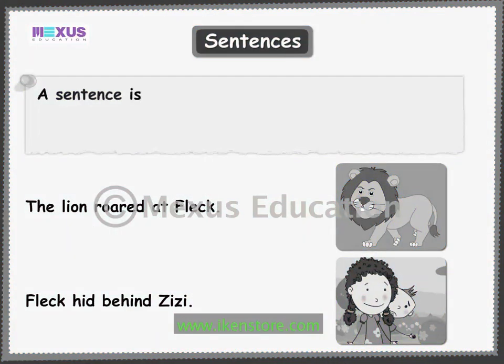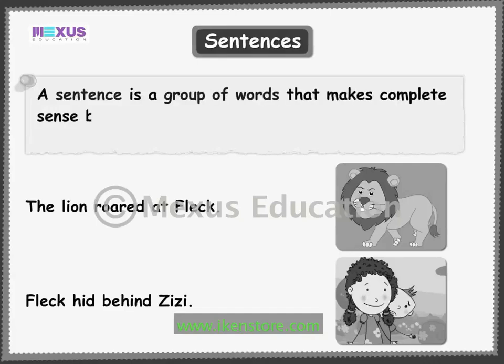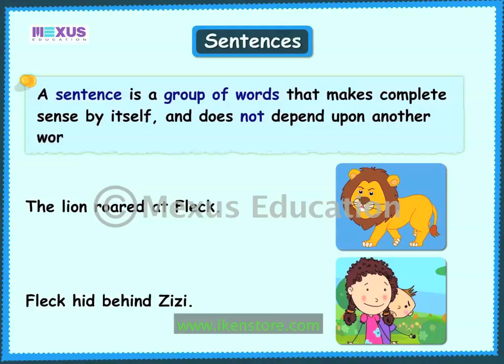A sentence is a group of words that makes complete sense by itself and does not depend upon another word or group of words to do so. Both these groups of words are meaningful sentences. They do not depend on another word or group of words to make sense.